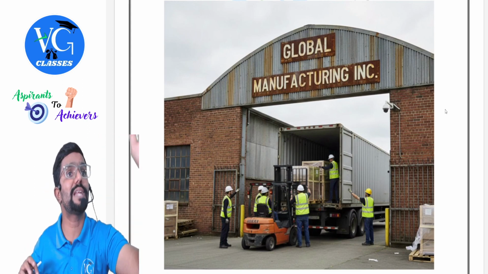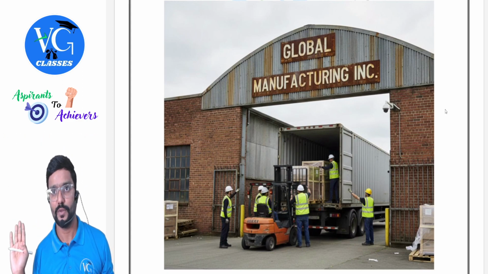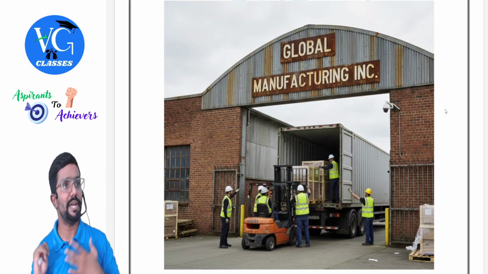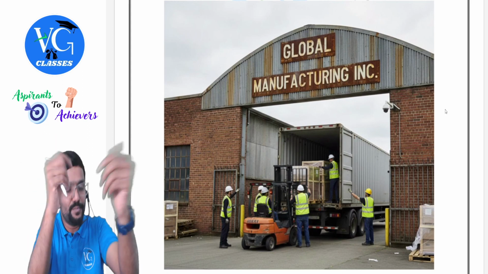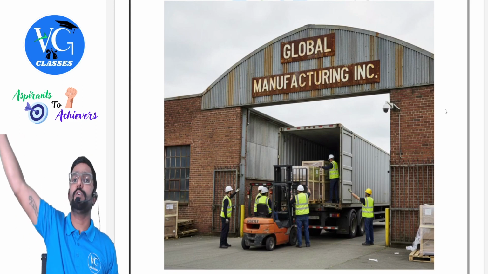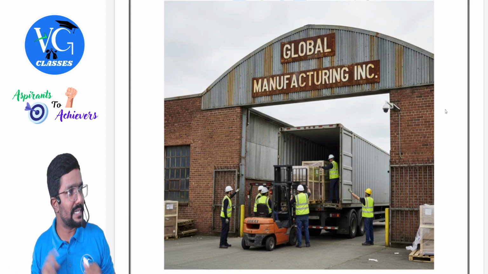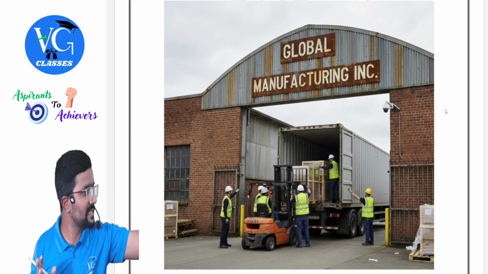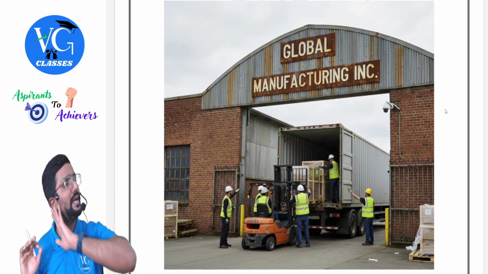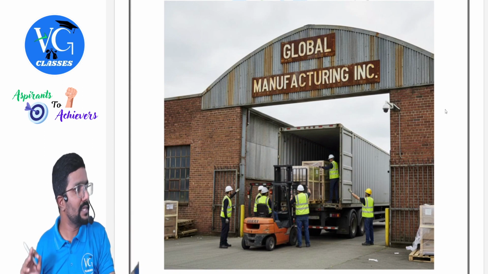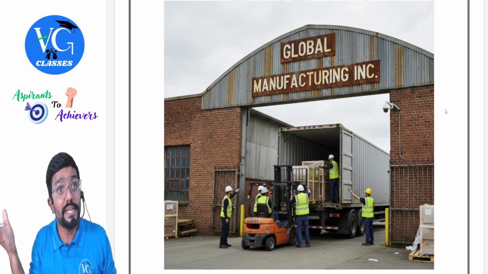Through whom? Through the transporter. Sir, when is the supply said to be completed? Is it when the supplier handed over the goods to the transporter or when it is delivered to the recipient? If it is an ex-works contract, guys, the supplier's responsibility is done once it is handed over to the transporter. Supplier's work is done. Means all the risk and rewards now belong to whom? Recipient. Even though he has not yet physically received it.